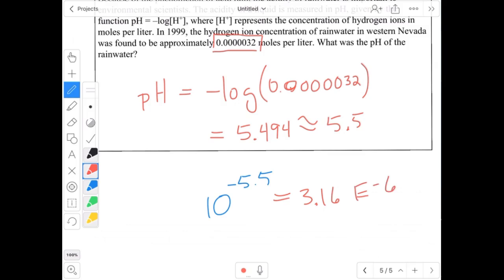That means we're moving our decimal to the left 6 times, so that would be the same as times 10 to the -6th power. That would be roughly the same as what we got up here. So there's just a little double checking method right there.